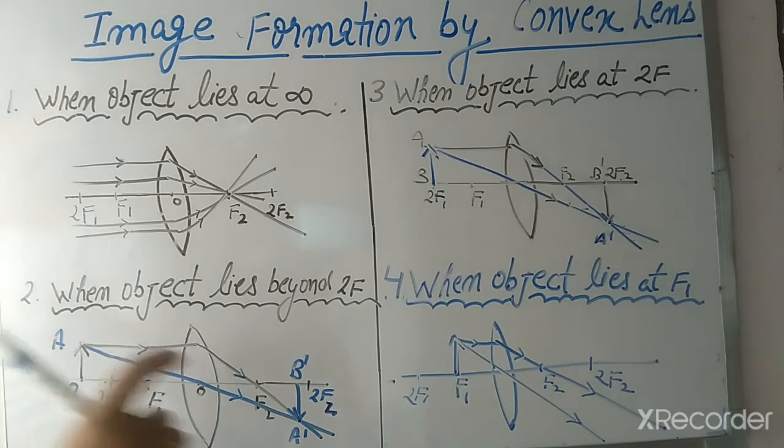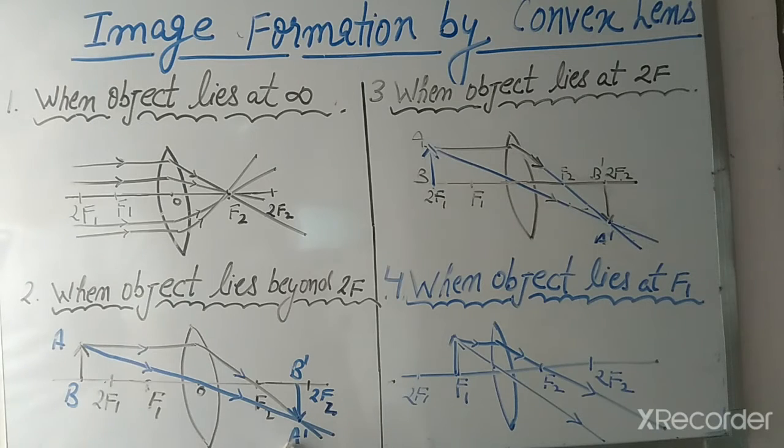If we compare the size of both of them, we see the object is larger than the image. So we can say that the image is diminished as compared to the object, or that the image is a little smaller than the object, right?